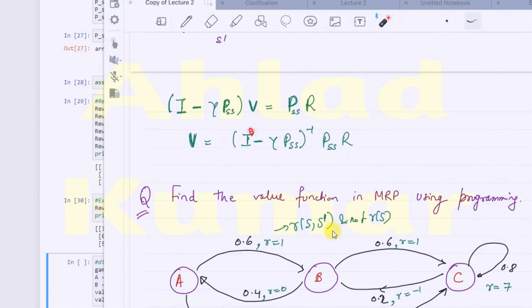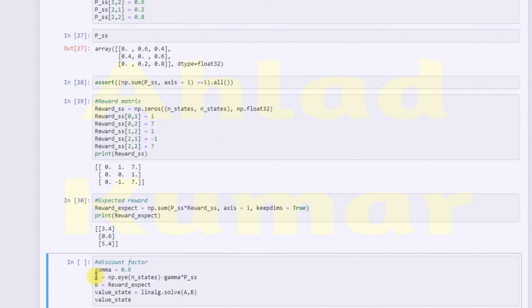So this is basically an identity matrix of size 3 cross 3. That's why we have created the identity matrix over here. np.I is nothing but a matrix with value 1 in the diagonal elements, and the size of this matrix is 3 cross 3, and then we are subtracting from it gamma times p underscore ss.